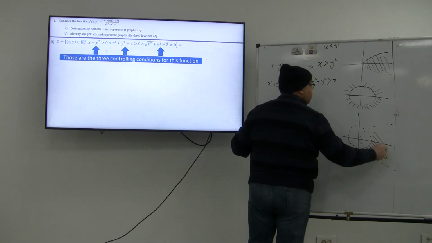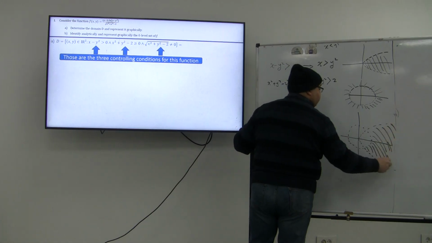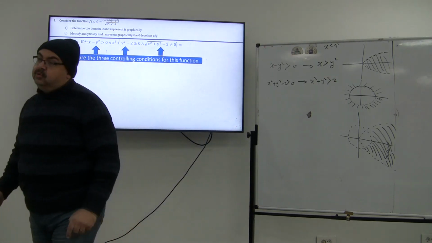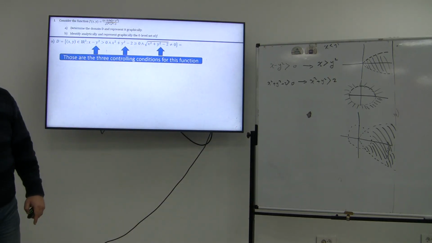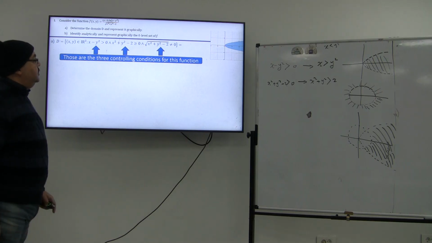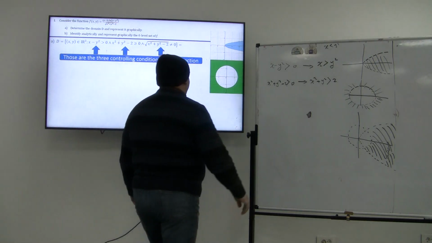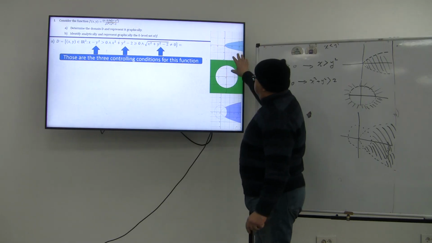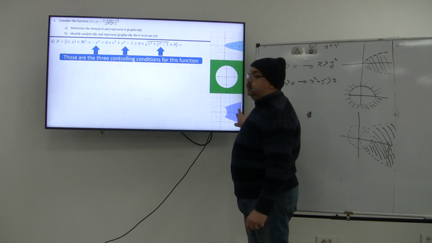So this is the part that I am interested in. See how it is really very easy to check in your exams whether you are drawing it right or wrong. This is the shape of the parabola, that's the shape of the circle, and that's the shape of their intersection, as we saw.